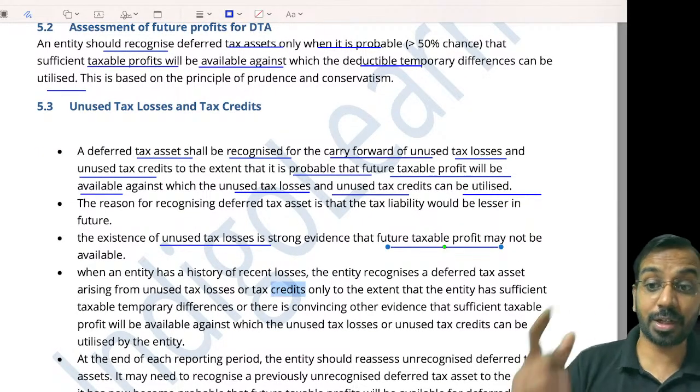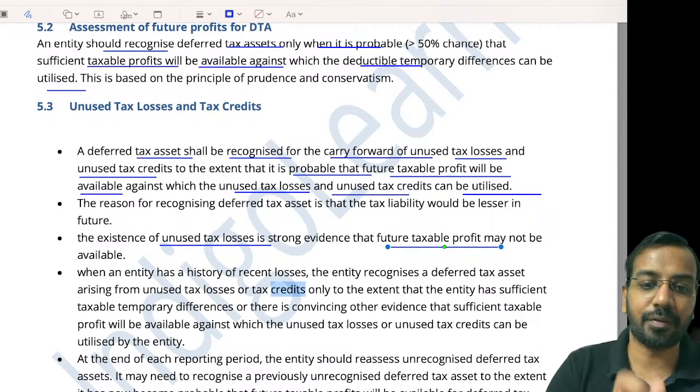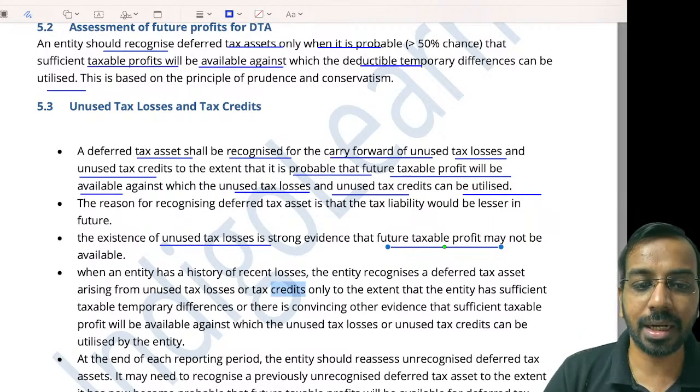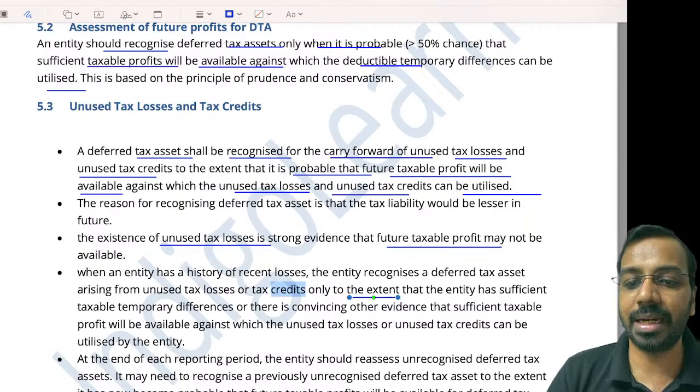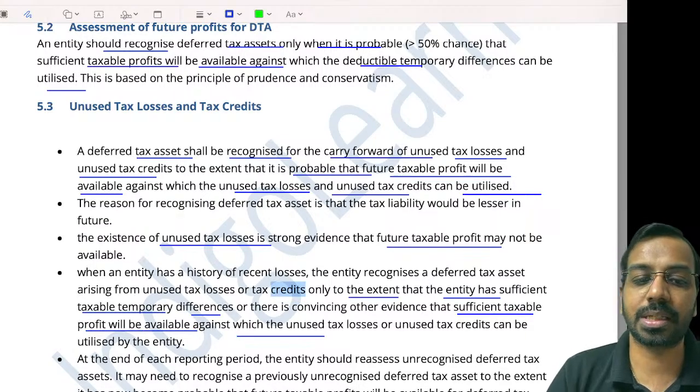So if taxable profit is not available in the future, you have to assess whether we should recognize deferred tax asset or not, and you will recognize deferred tax asset only to the extent that the entity has sufficient taxable temporary difference, or when there is convincing other evidence that sufficient taxable profit will be available against which the unused tax losses can be utilized.